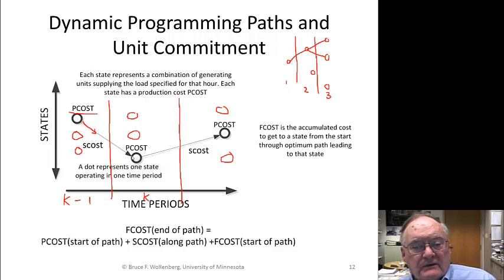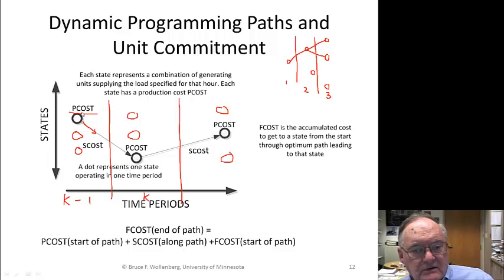The S cost only comes in if there's a startup cost. That's the transition cost. It's not like over here in the travel, where we're paying a certain distance cost. Here it represents a startup cost. So from this combination to this, if I'm starting a generator, then there's the startup cost, otherwise it's 0. And then there's another production cost at the end. So let's say we start out, and it always comes out like this, where F cost is the accumulated cost.